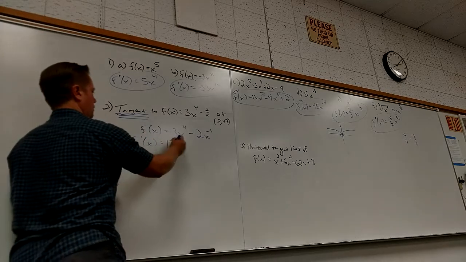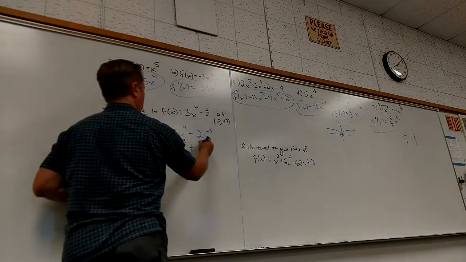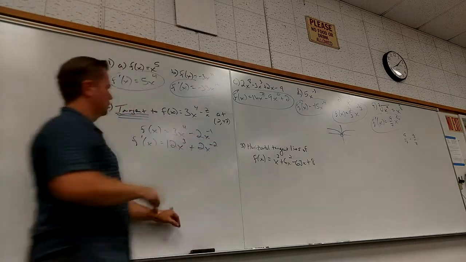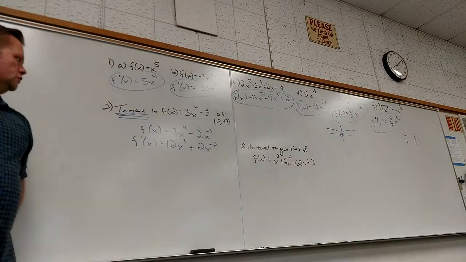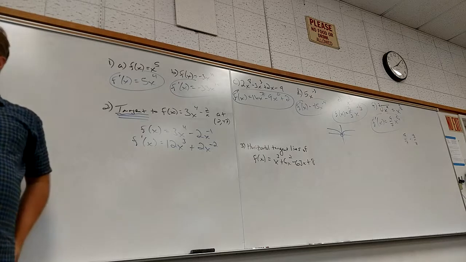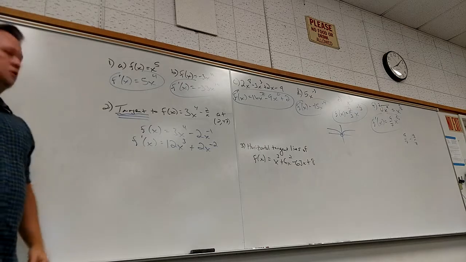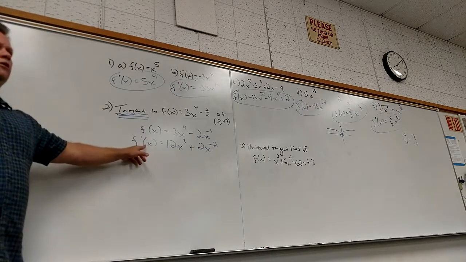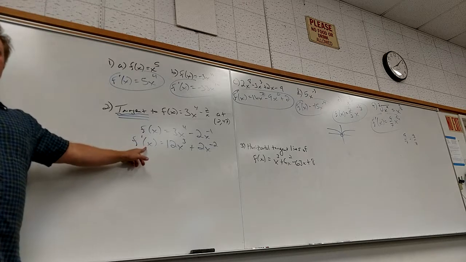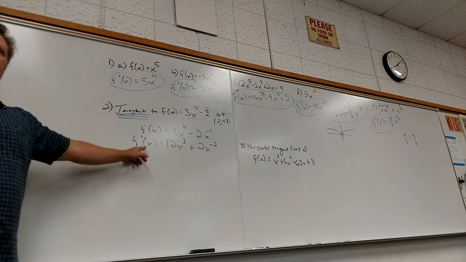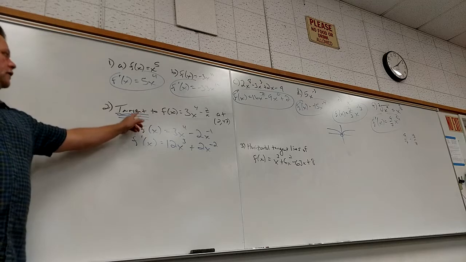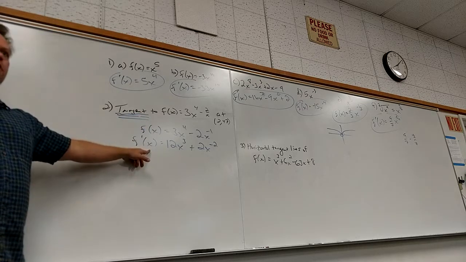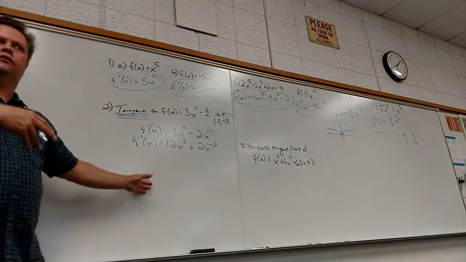12x to the 3rd plus 2 over x squared. I'm with you. Thank you. Why are we doing this, by the way? Why are we taking a derivative here? Not just because it's on a derivative worksheet, but because I need to find the slope. To get the tangent line, I have to find the slope, and in calculus, the slope is the derivative.